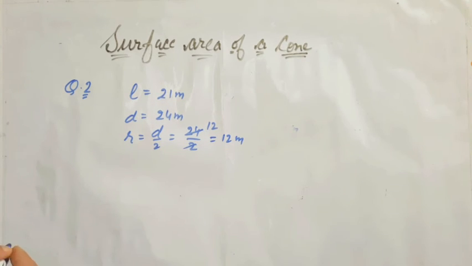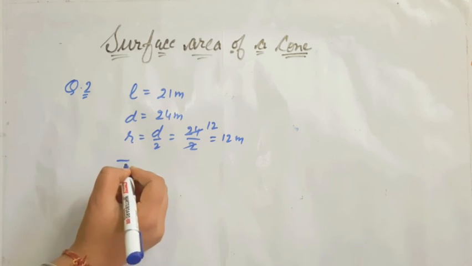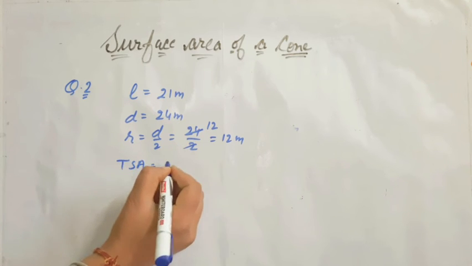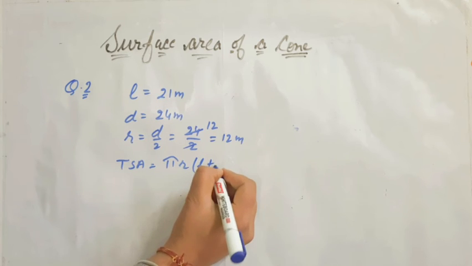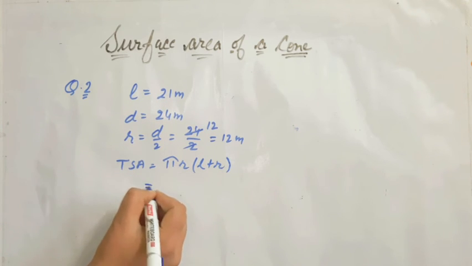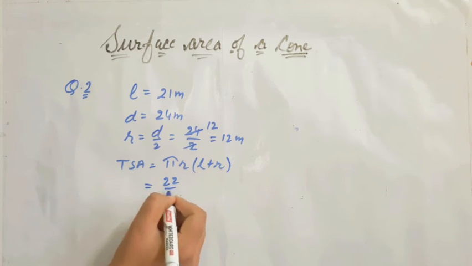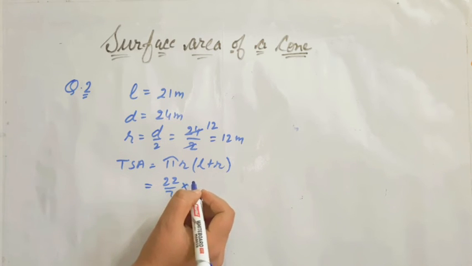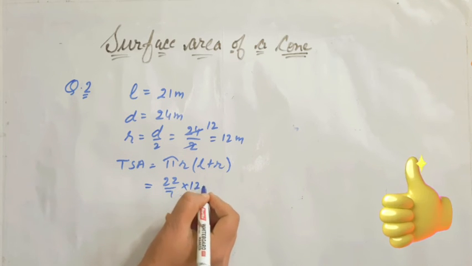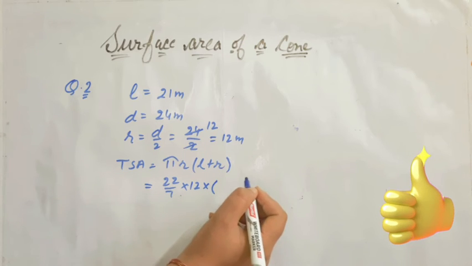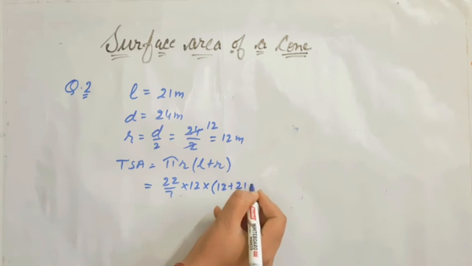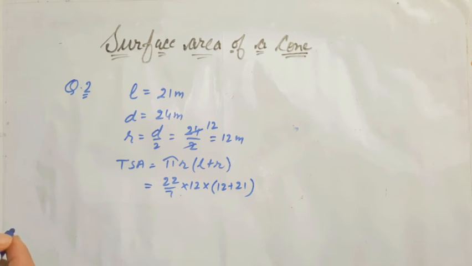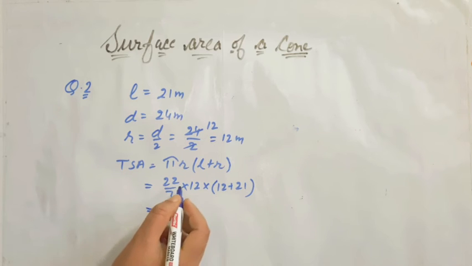Now what is the total surface area? Total surface area is pi r multiplied by (L plus R), which is equal to 22 upon 7, radius 12 meter, multiplied by (12 plus 21), and simplify it.